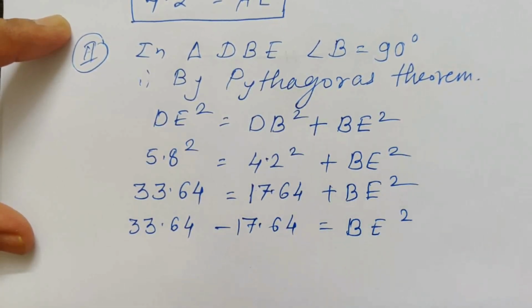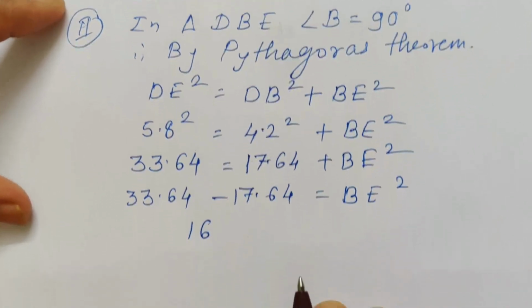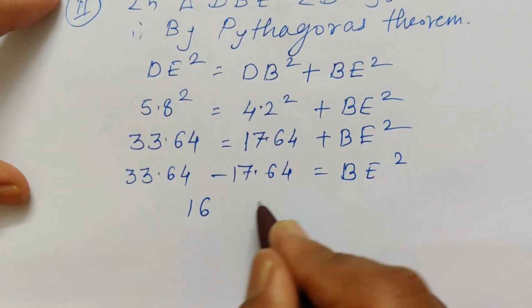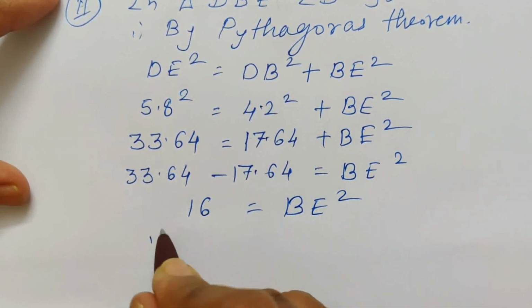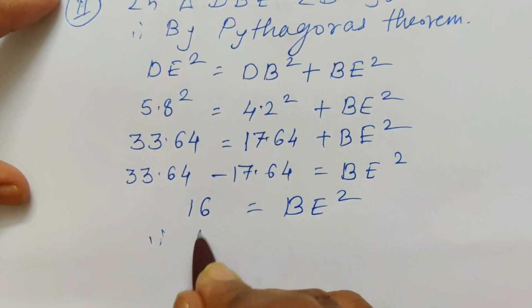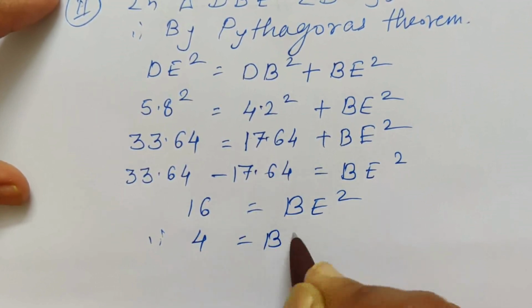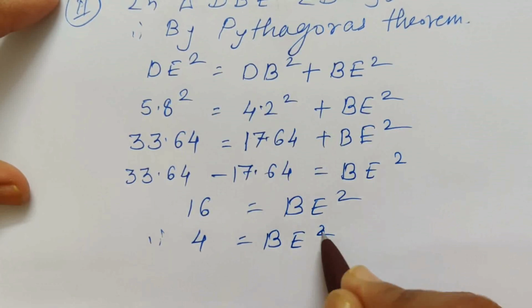After the subtraction you get 16 is equal to BE square, and so the square root of this, 4 is equal to BE. Sorry, BE.